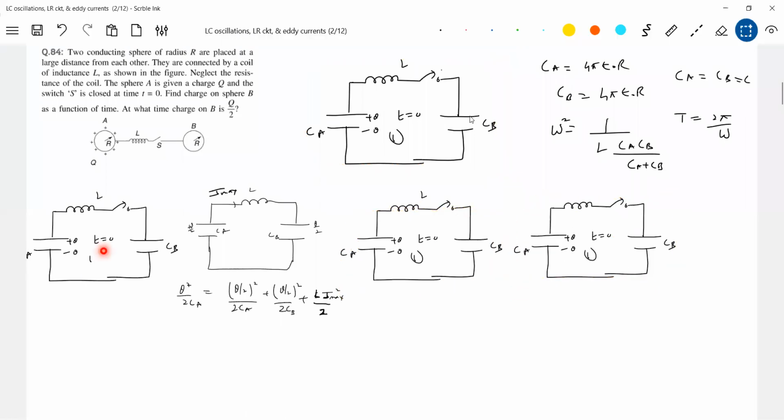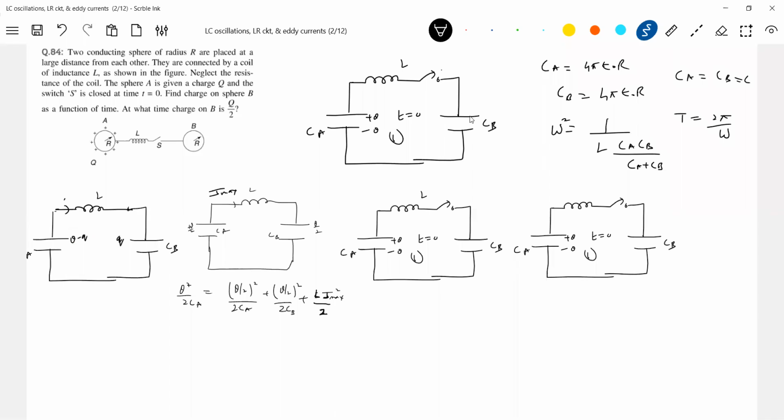Let's see that we have some charge after some time. So let this one have a charge Q1, I'll write it, and this one Q minus Q1.